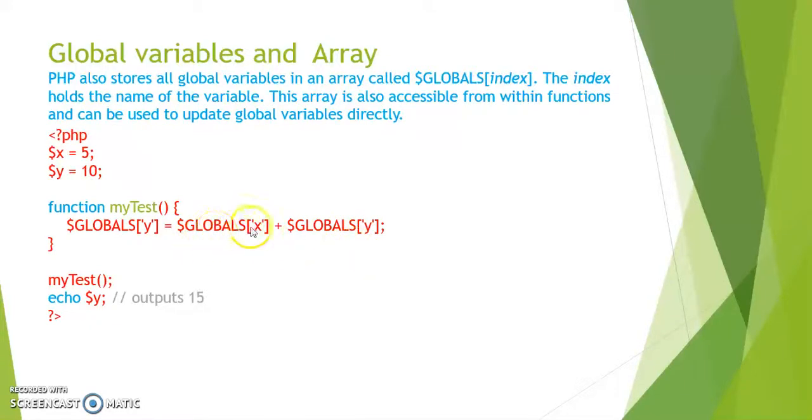So the only difference here with that one is just this globals and global. Then we print y. So we still have the same output of 15. So that is that.